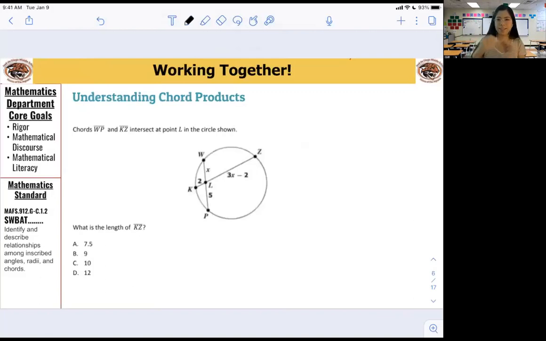Okay, before that, it would be KL times LZ is equal to WL times LP. And then plugging in what Perla has, 2 times 3x minus 2 is equal to x times 5.